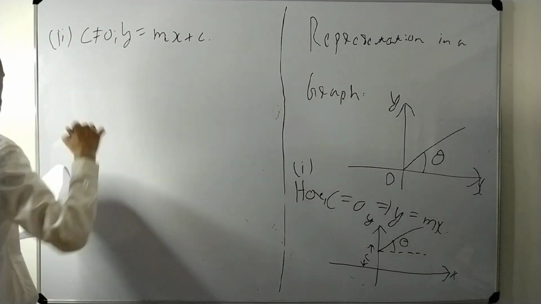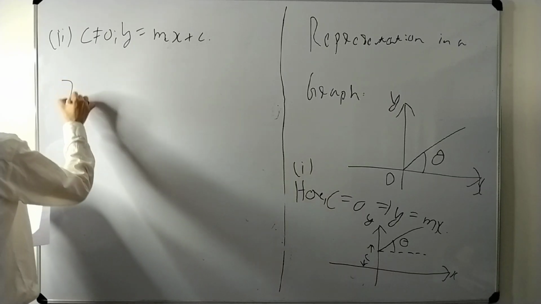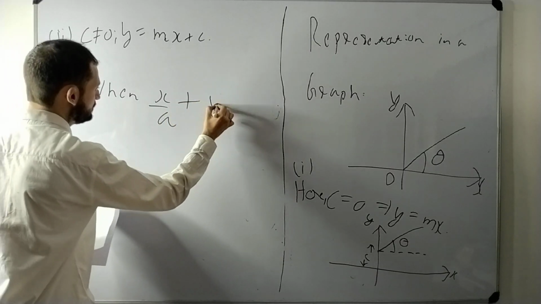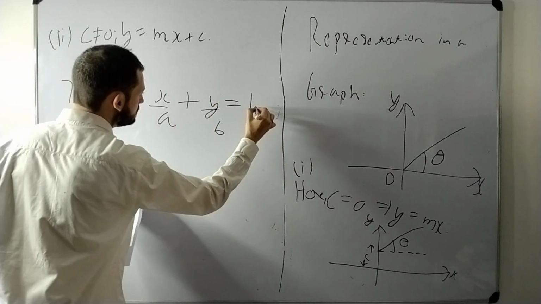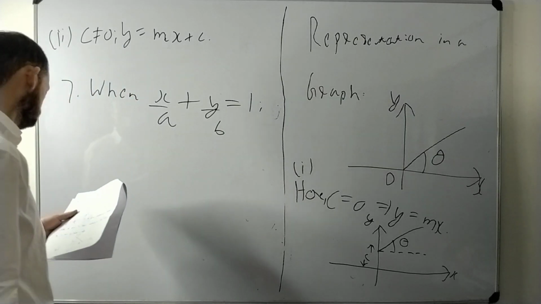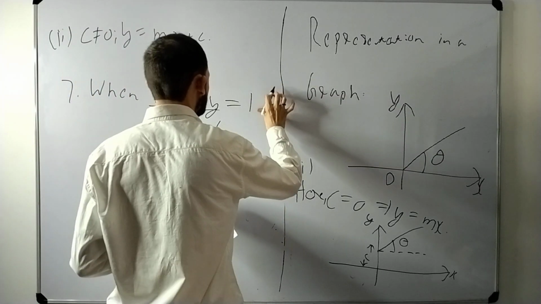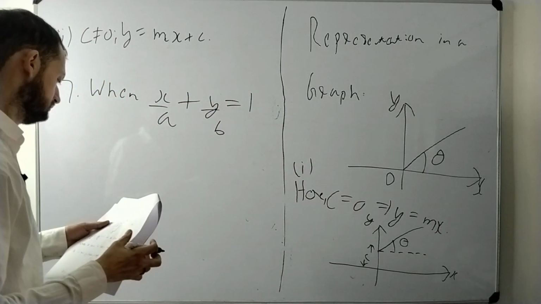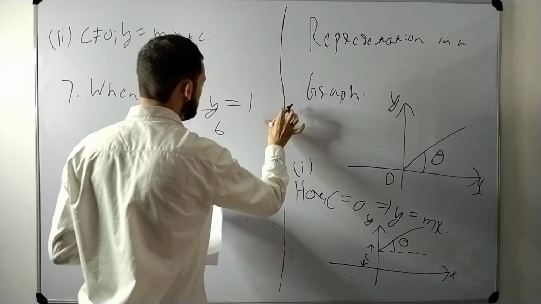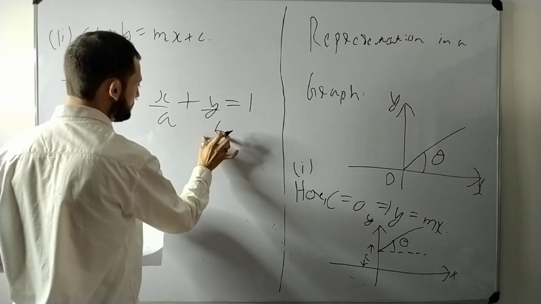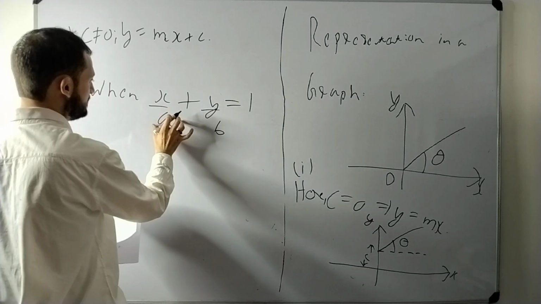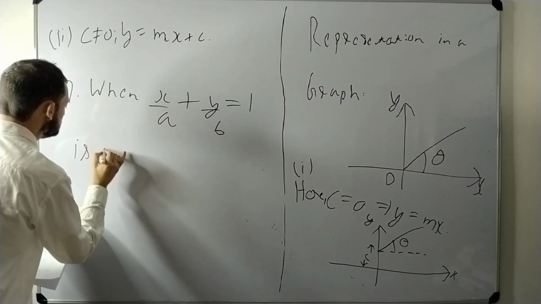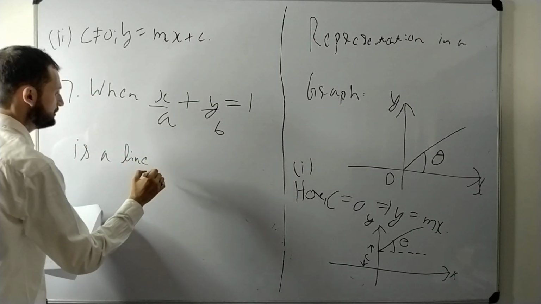Second part. Seventh, when the line equation is such that x upon a plus y upon b equal to 1. So you would be saying, sir, you have written an equation, but what good does it do? It is actually a line equation, student.